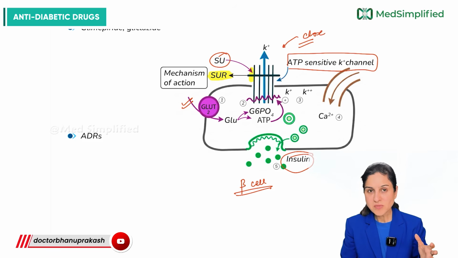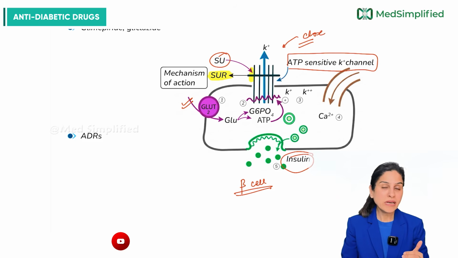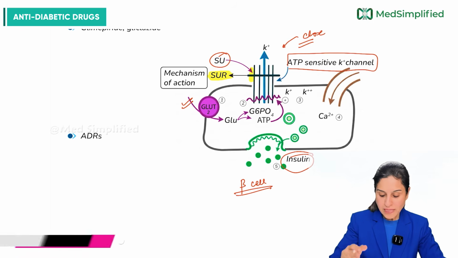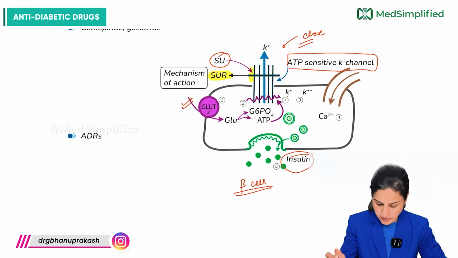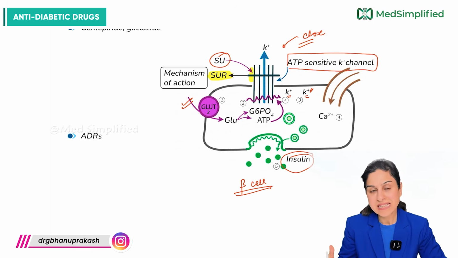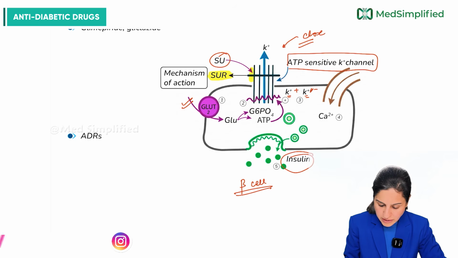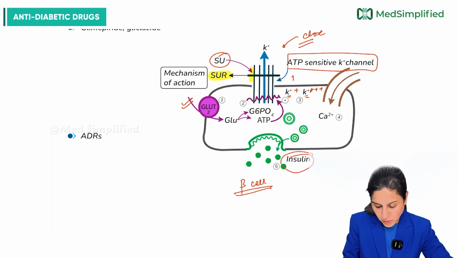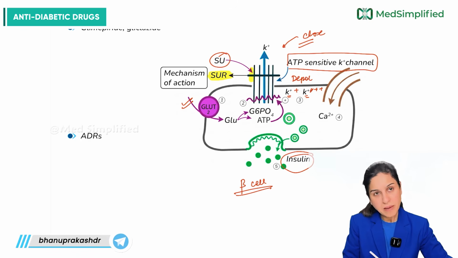Potassium normally moves from inside the cell to outside. When the channel is blocked, potassium accumulates inside, there is an increase in positive charge, and this causes depolarization of the membrane.